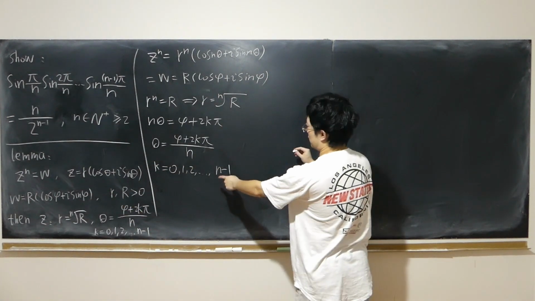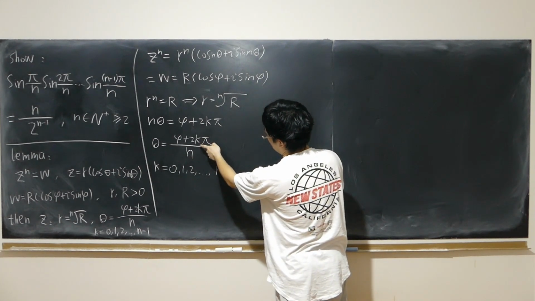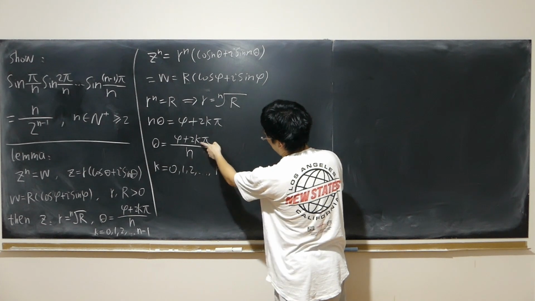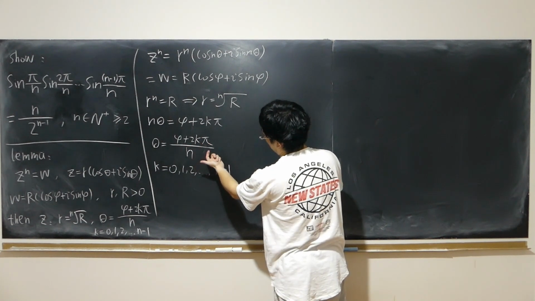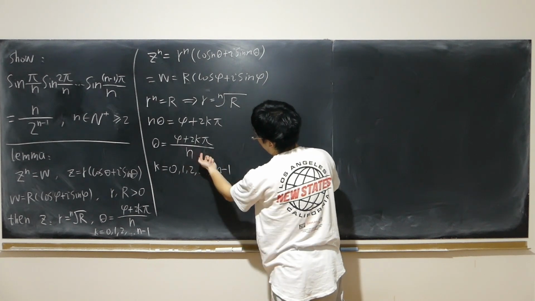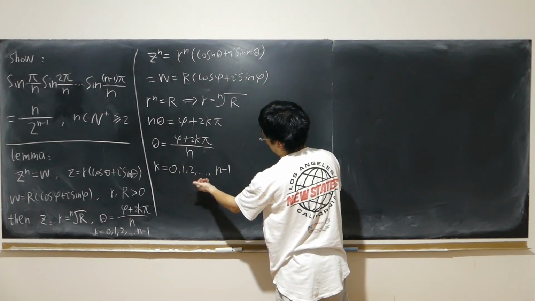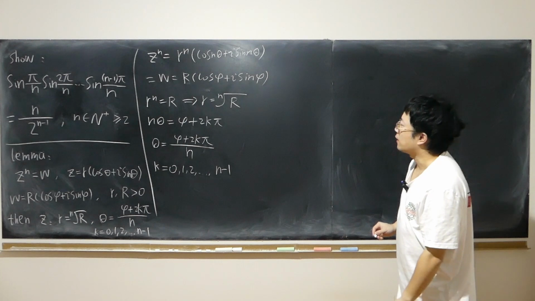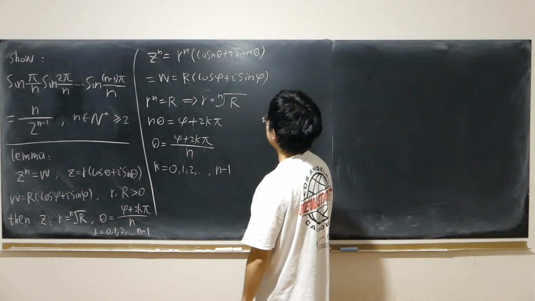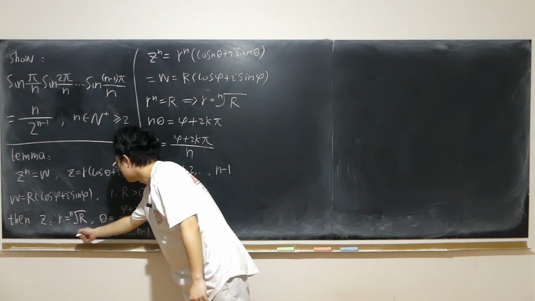Because if k is n, then we have 2n times pi divided by n, that is 2 pi, which has the same effect as k equal to 0. So we only go up to n minus 1. In that case, I'm done solving for z, treating z as an unknown.